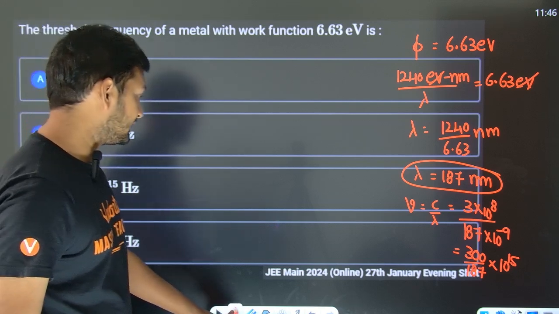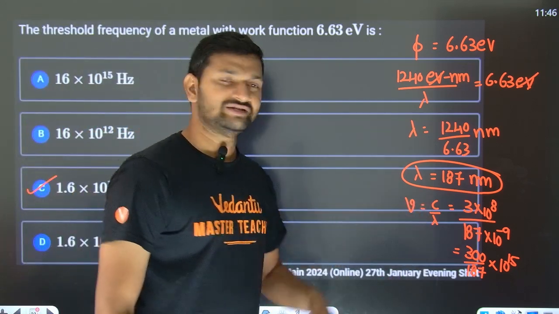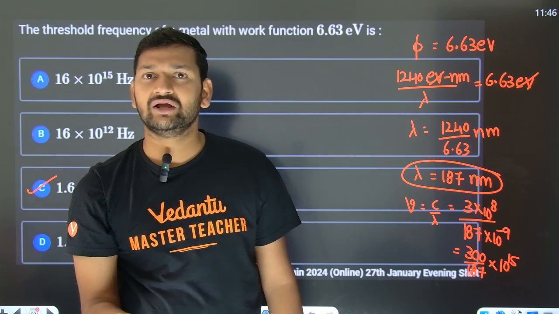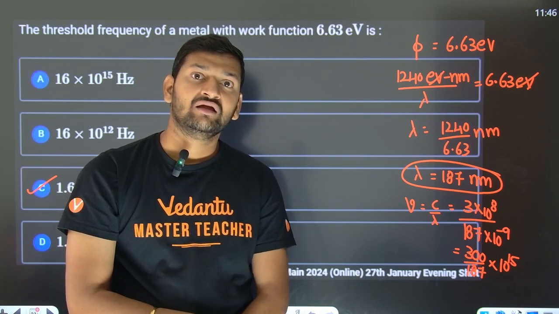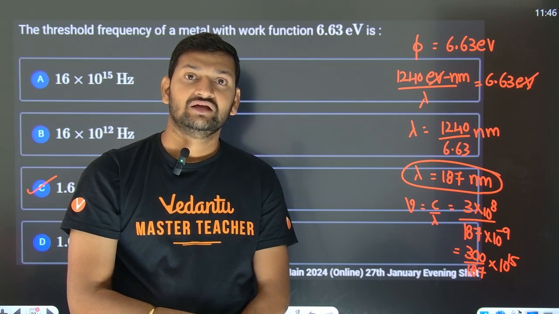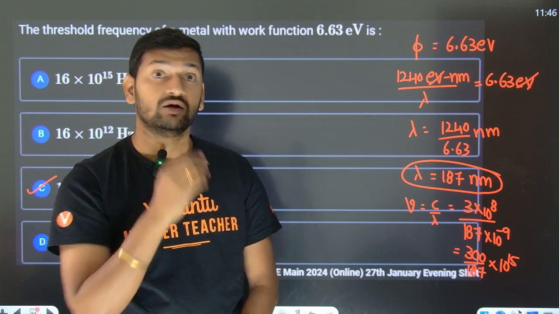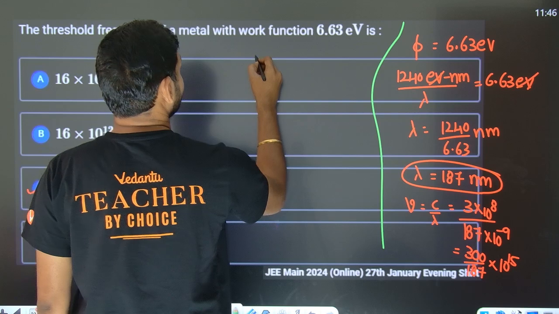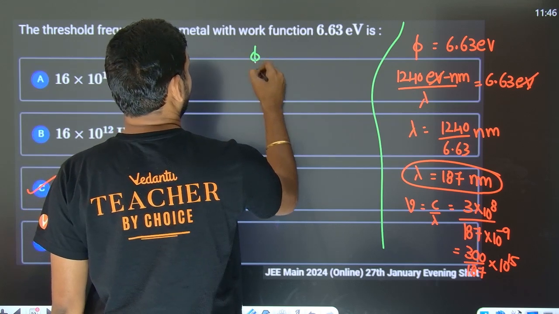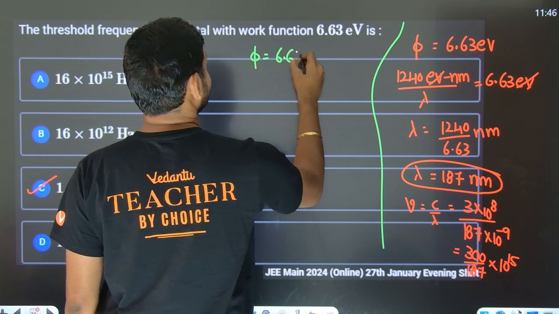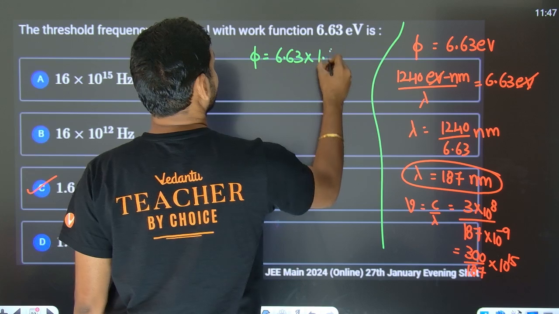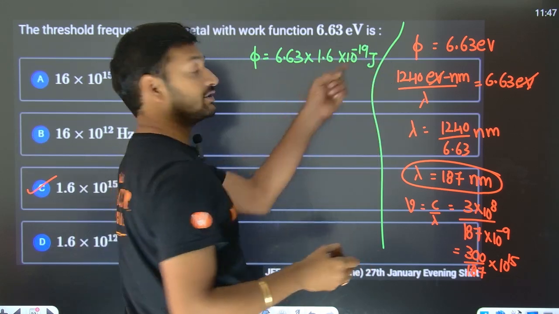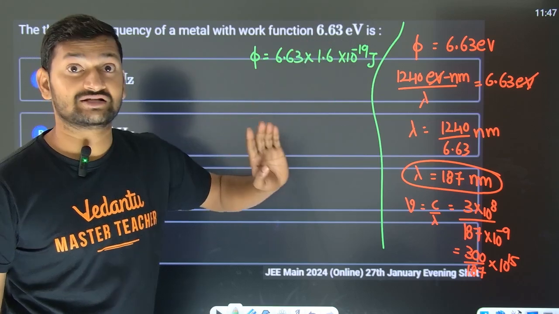Some people will be like, sir, can't we go any other way? Is this the only way of doing it? No, there is one more way. They gave the work function as 6.63 electron volts, which can be written as 1.6 into 10 to the power minus 19 joules, since one electron volt is 1.6 into 10 to the power minus 19 joules.